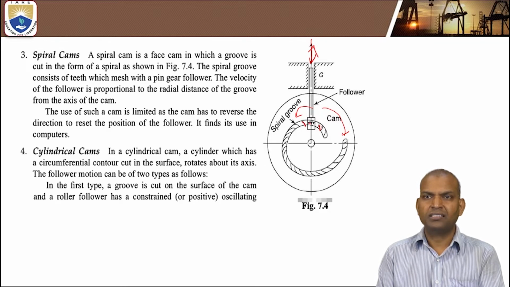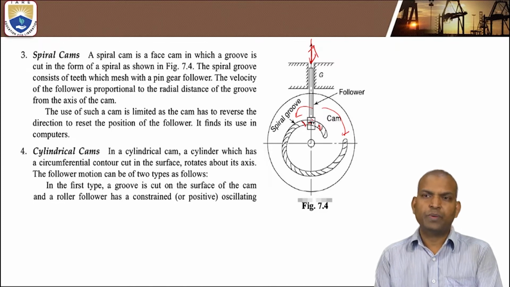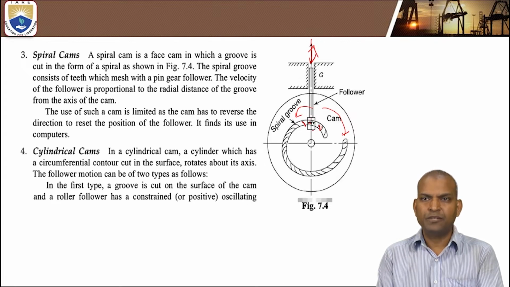The follower is connected at one end to a gear, and the gear teeth are always in contact, in mesh with the teeth of the spiral groove. So when the cam is rotating under rotary motion, the follower is always in touch through the gear, so it moves up and down.